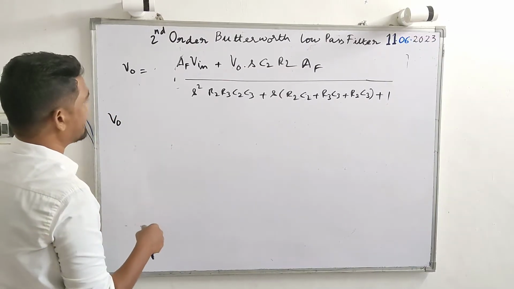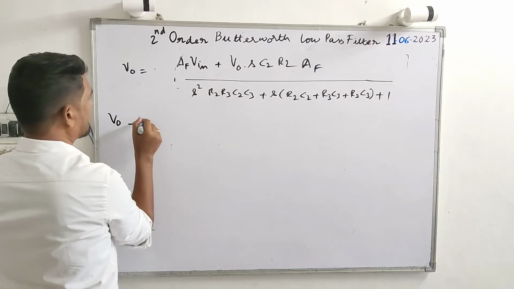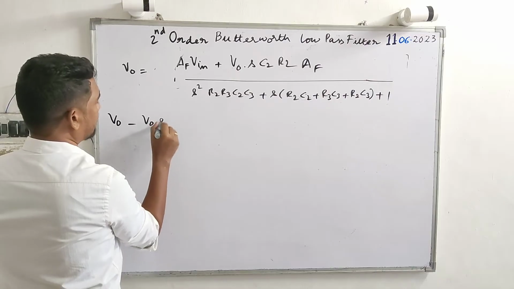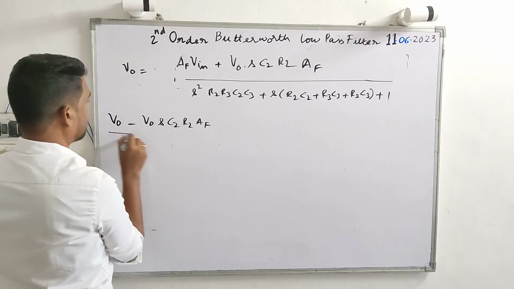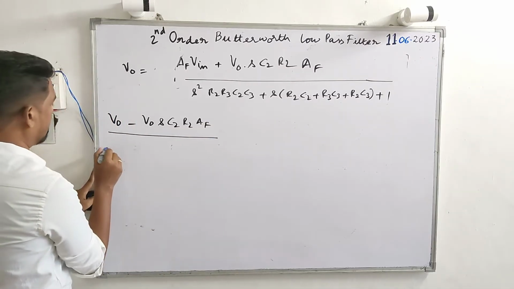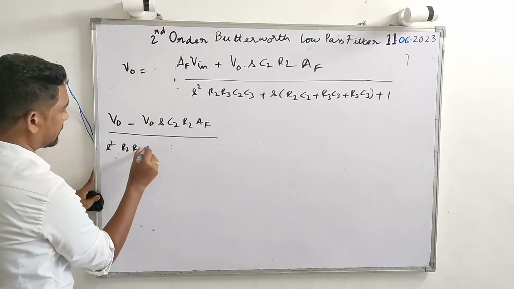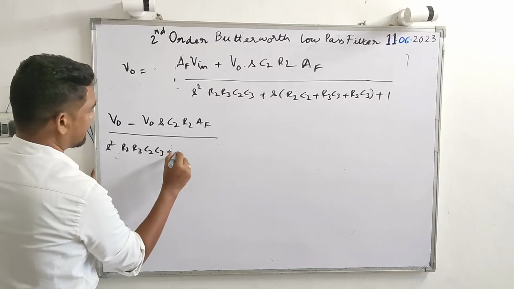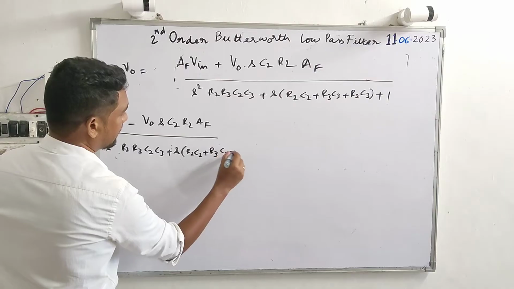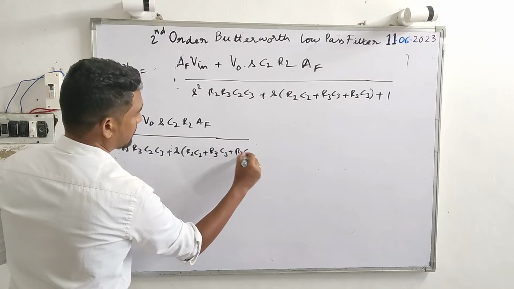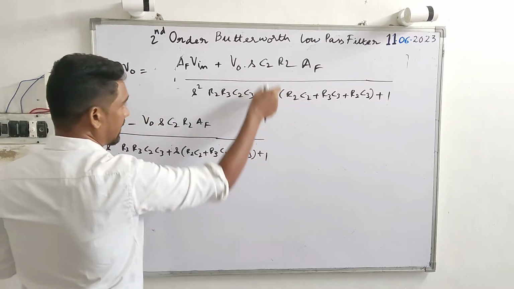Alright, V naught as it is over there, and this is positive, dragging this side it will be minus V naught into S C2 R2 AF upon S square inside the brace, I mean S square R2 R3 C2 C3 plus S inside the braces R2 C2 plus R3 C3 plus R2 C3, close the braces, plus 1.